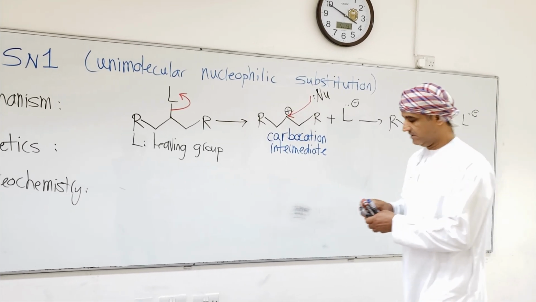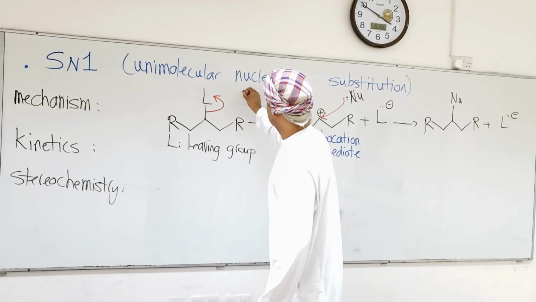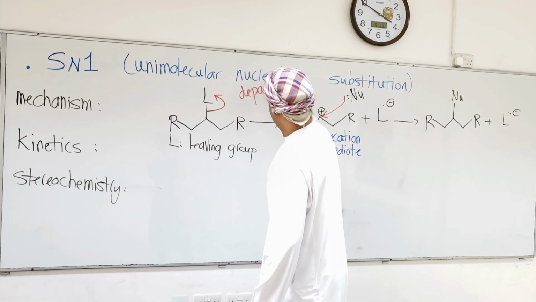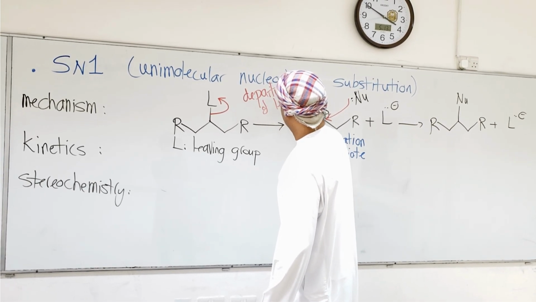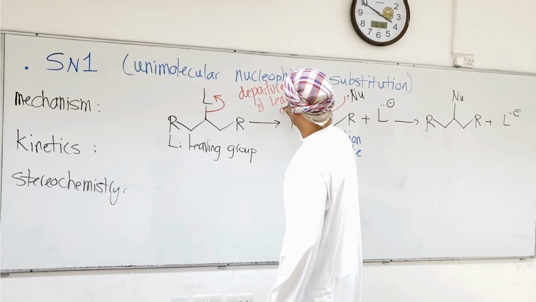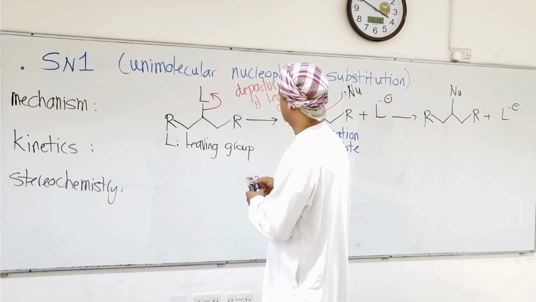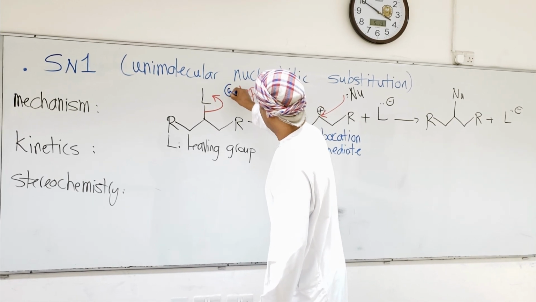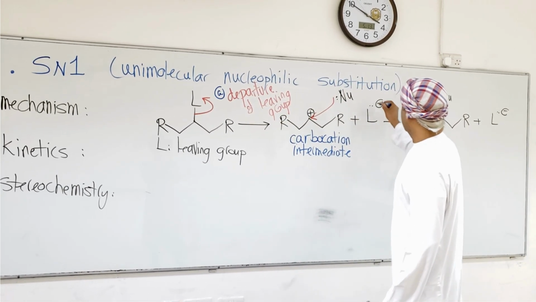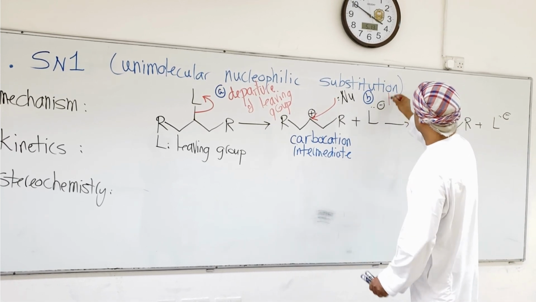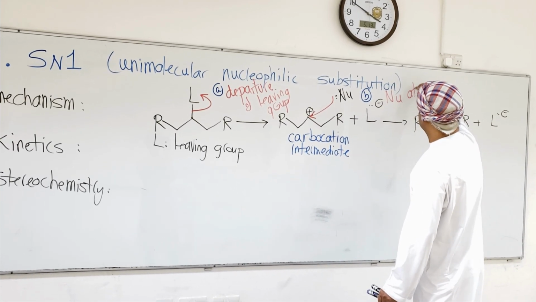So again, this is the departure of the leaving group step, as we saw also earlier. This is step A that happens before, and then step B is the nucleophilic attack. So this is the nucleophilic attack.